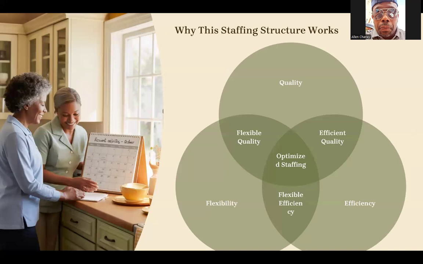Why this staffing structure works: you have to think of quality first, then efficiency, and then flexibility, and it all converges in the middle into a very optimized staffing. This structure helps us maintain the quality of care and gives us the flexibility to go up and down as staff is needed.